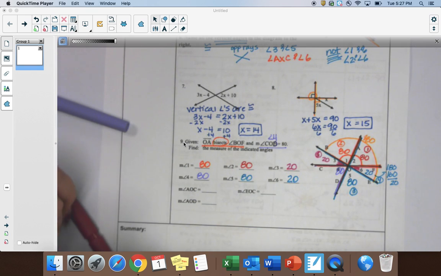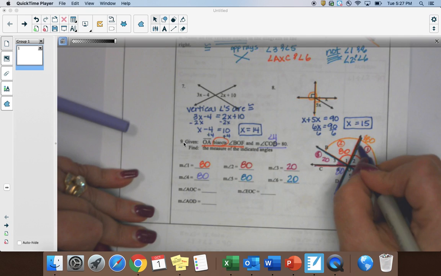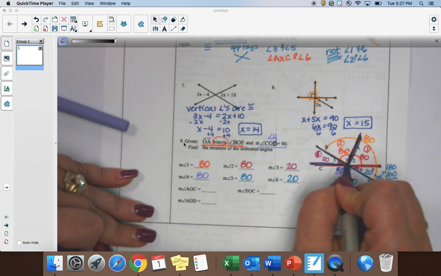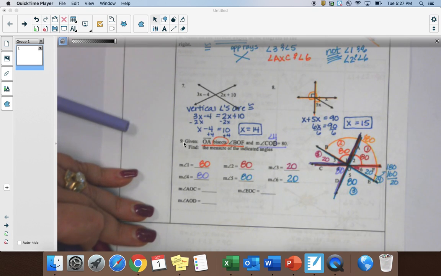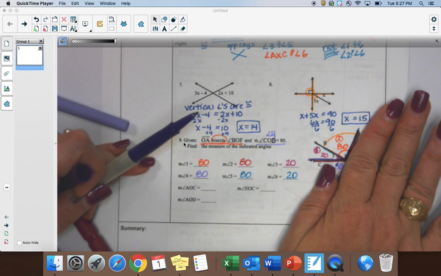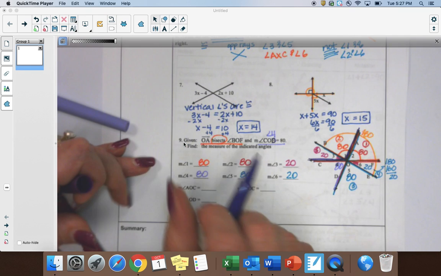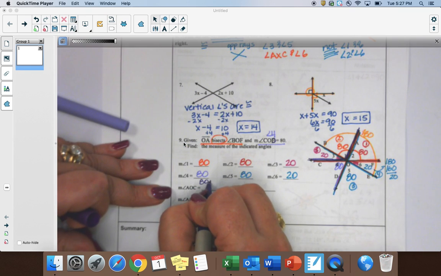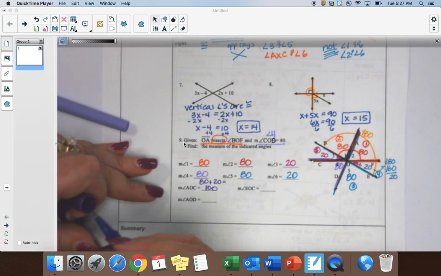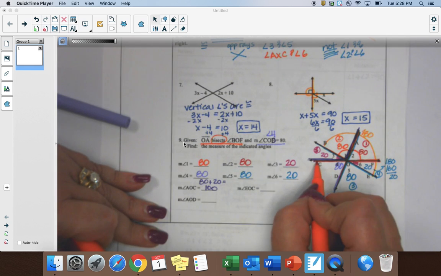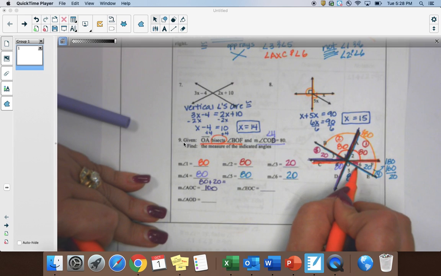And then we've got these bigger angles, so we'll look and see. Angle AOC is right here. I want to know how big that whole big angle is, so I'm looking at this right here, that whole big angle, which would be 80 plus 20, which is 100. Then EOC, let's find E. Here's EOC.